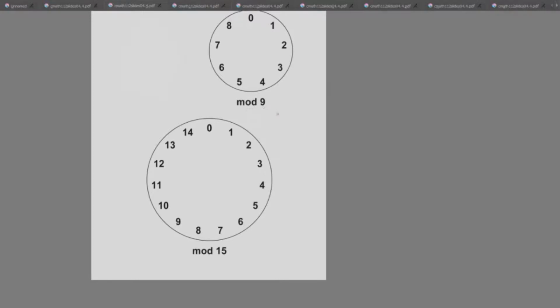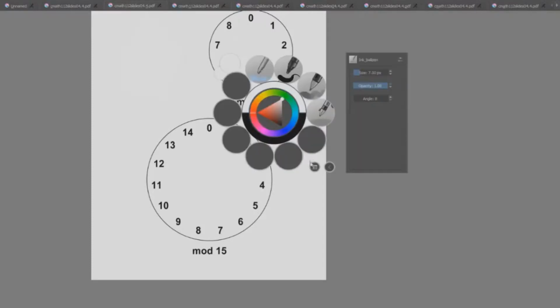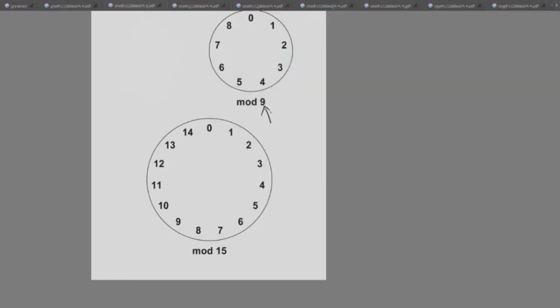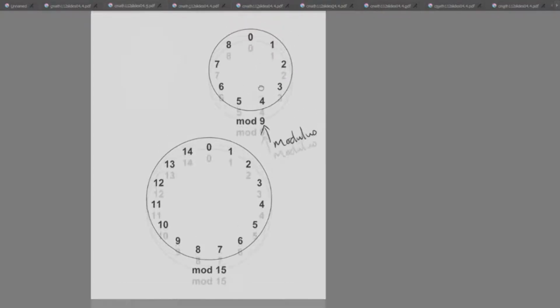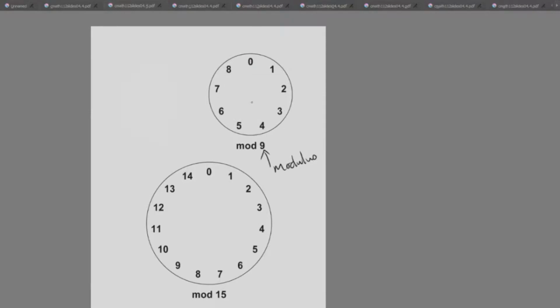What we call here the modulus, the one I'm indicating, tells me what size circle I'm counting on.